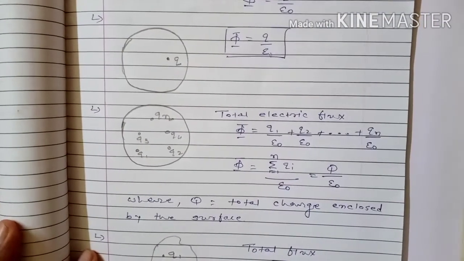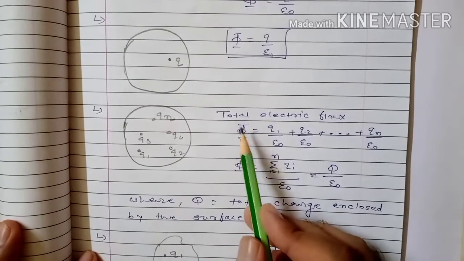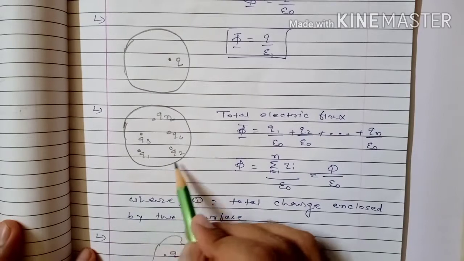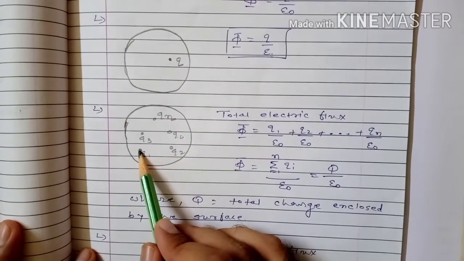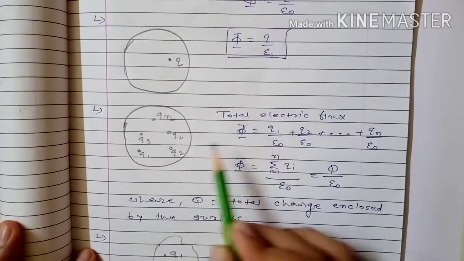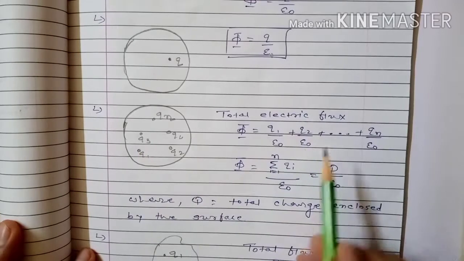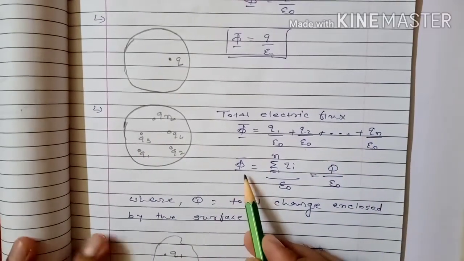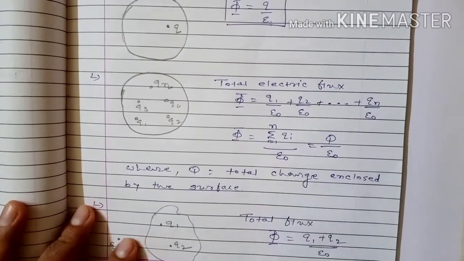Here if we have n number of charges inside the closed surface, then the total electric flux linked with this closed surface is the electric flux due to the first charge, that is q1 by epsilon naught, due to the second charge q2 by epsilon naught, due to the third charge q3 by epsilon naught, due to the nth charge qn by epsilon naught. Therefore total flux can be written as sigma i equal to 1 to n qi upon epsilon naught.